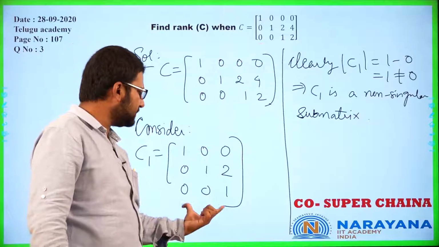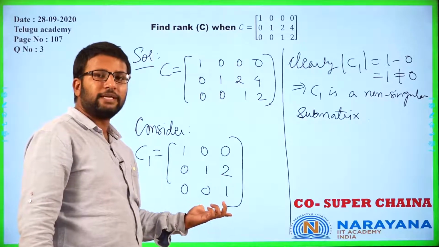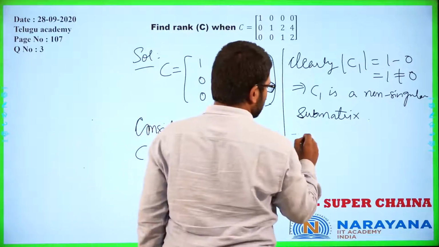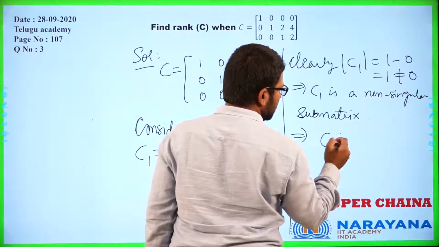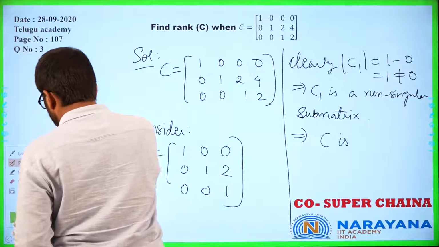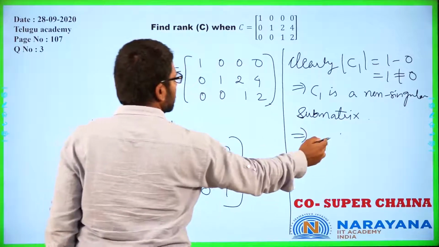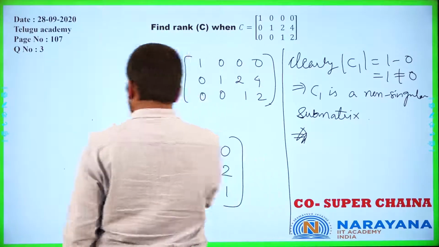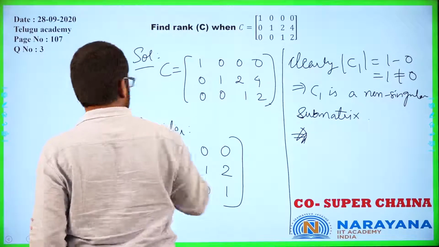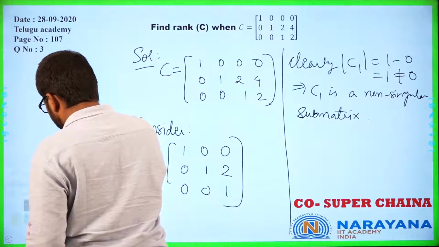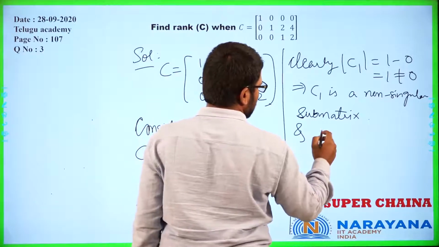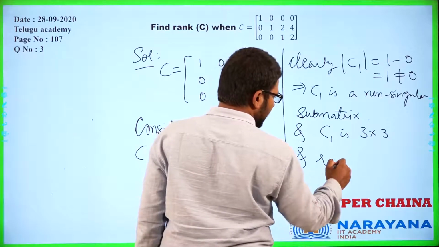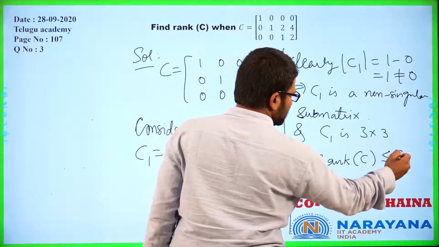And by showing that there is a 3 by 3 submatrix whose determinant is non-zero, we can conclude the rank of C. So C1 is a non-singular submatrix, C1 is 3 by 3, and also the rank of C must be less than or equal to 3.